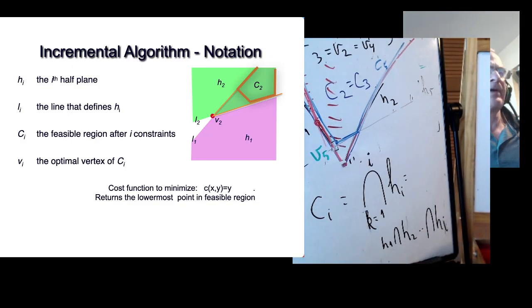Just a fancy way to use the intersection sign. It's fine if you're not aware of it.